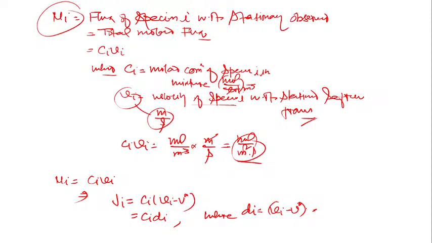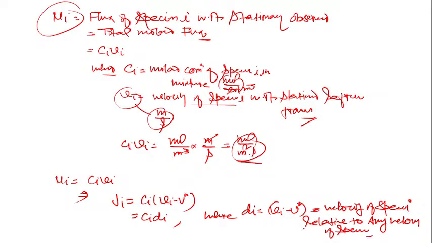And the reference frame is moving with what? Yes, it's a relative velocity: the velocity of species I relative to the average velocity of species in the mixture.